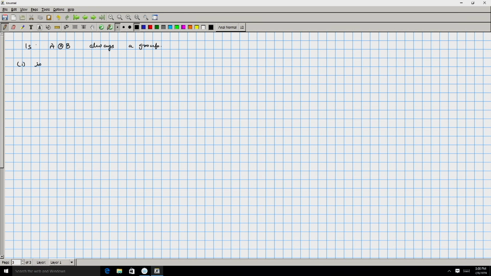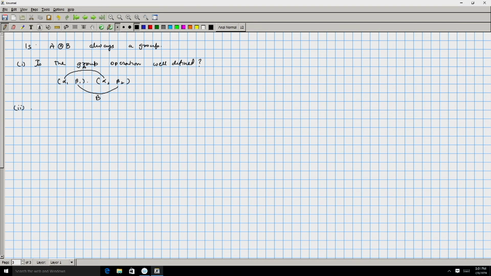First is, is the group operation well defined? Clearly it is, because you take 2 elements, let us say (alpha 1, beta 1) and multiply it with (alpha 2, beta 2). Alpha 1 and alpha 2 can be combined in A, beta 1 and beta 2 can be combined in B, and the resultant element is clearly an element of the set that we have described.